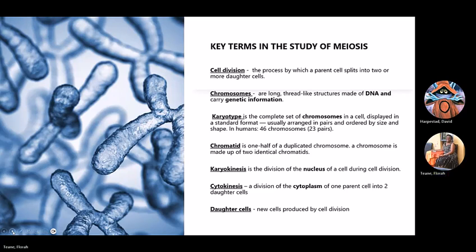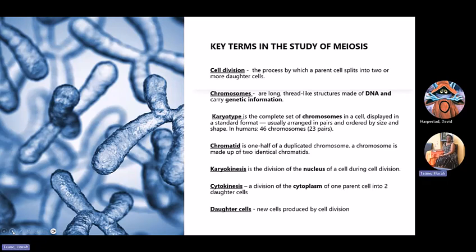Karyotype is the complete set of chromosomes in a cell displayed in a standard format, usually arranged in pairs and also ordered by size and shape. Humans have 46 chromosomes, which is the human karyotype.